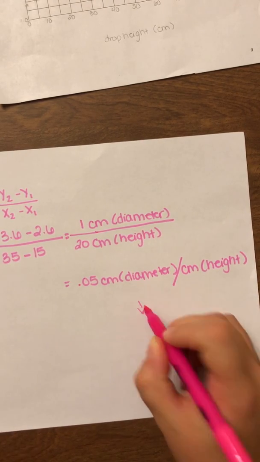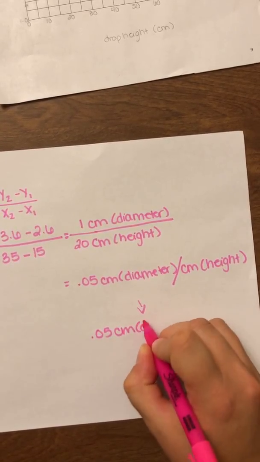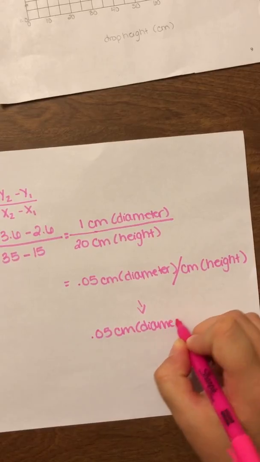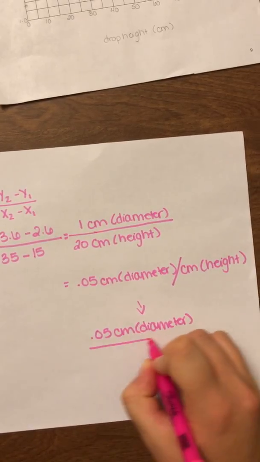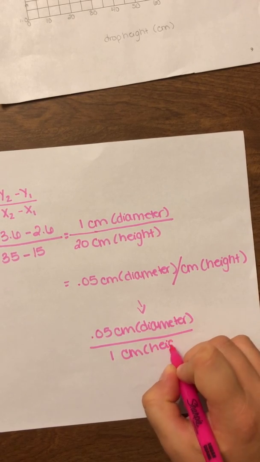You're more than welcome to also write it as 0.05 centimeter diameter over 1 centimeter height.